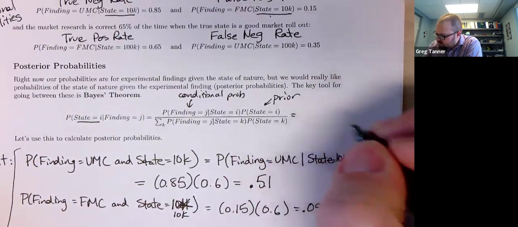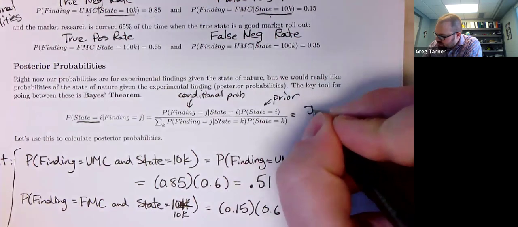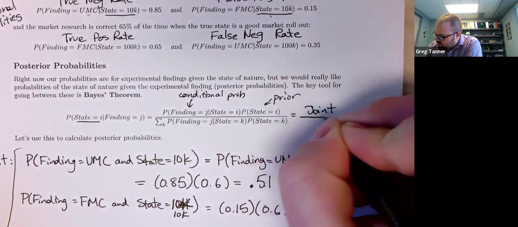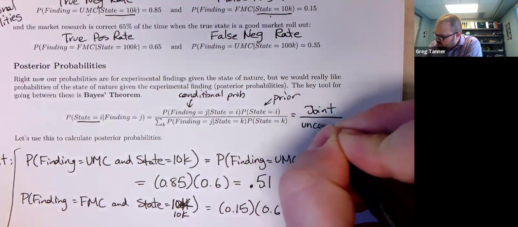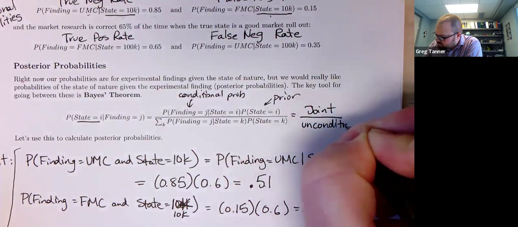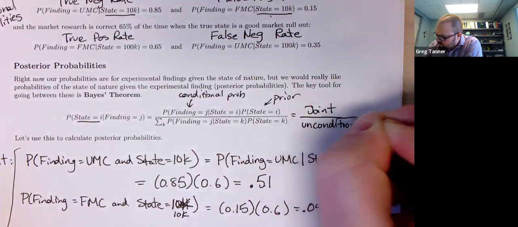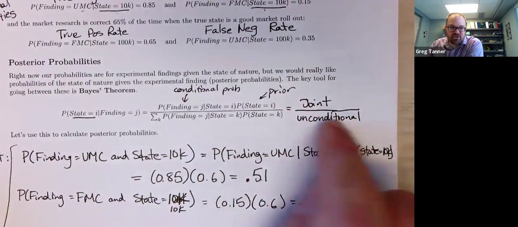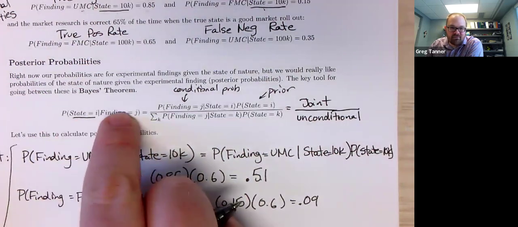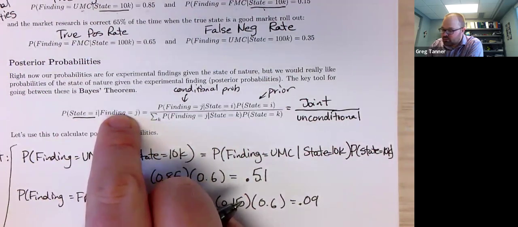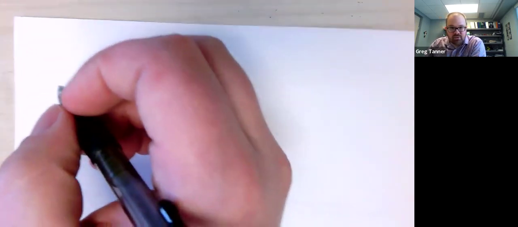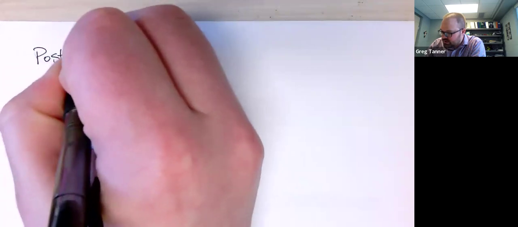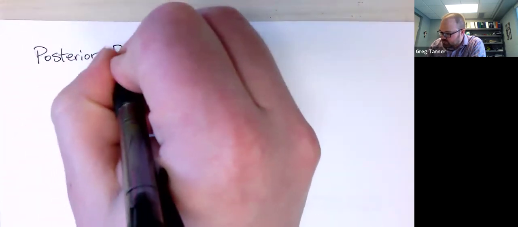This is going to be joint probability over unconditional, where we just need to choose the correct joint over the correct unconditional for the given state and finding that we're trying to do a posterior probability for. Okay, let's get this centered up. Posterior probabilities, and these are what we're aiming for.